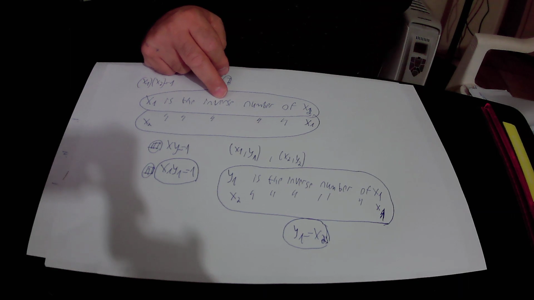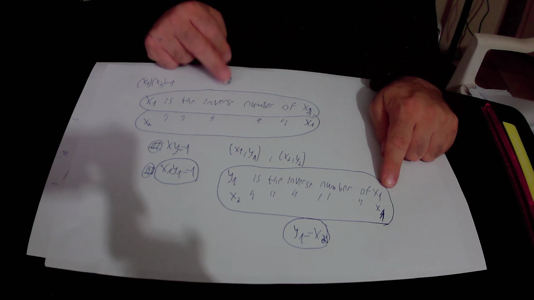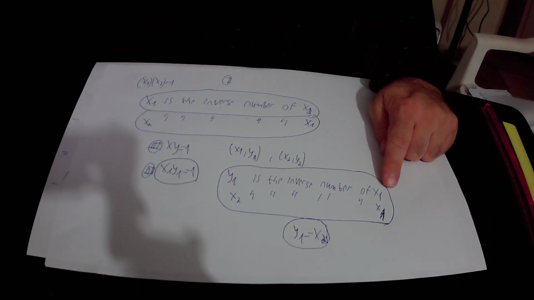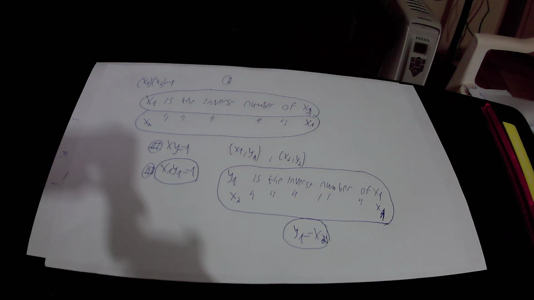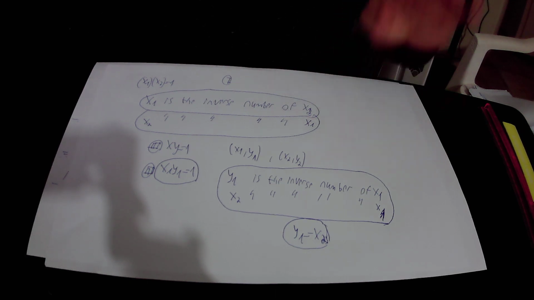Okay, but any number has only one inverse number. And because x1 has only one inverse number, it means that y1 equals x2. Okay? y1 equals x2.